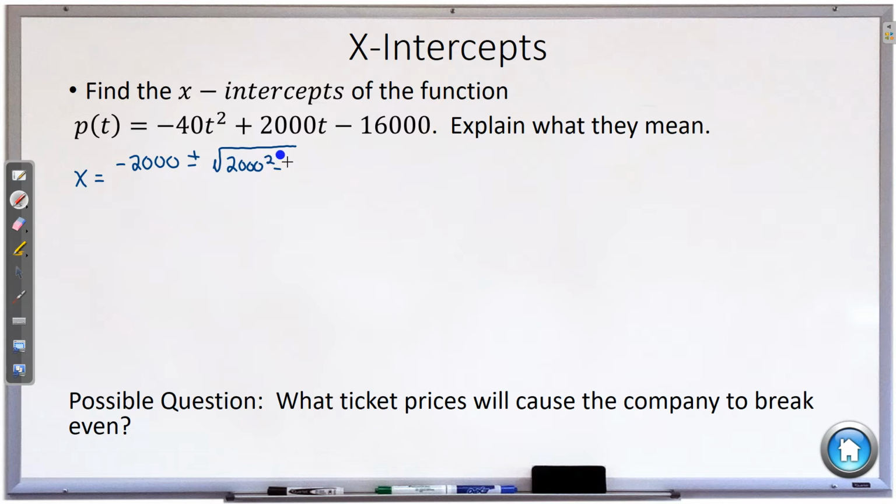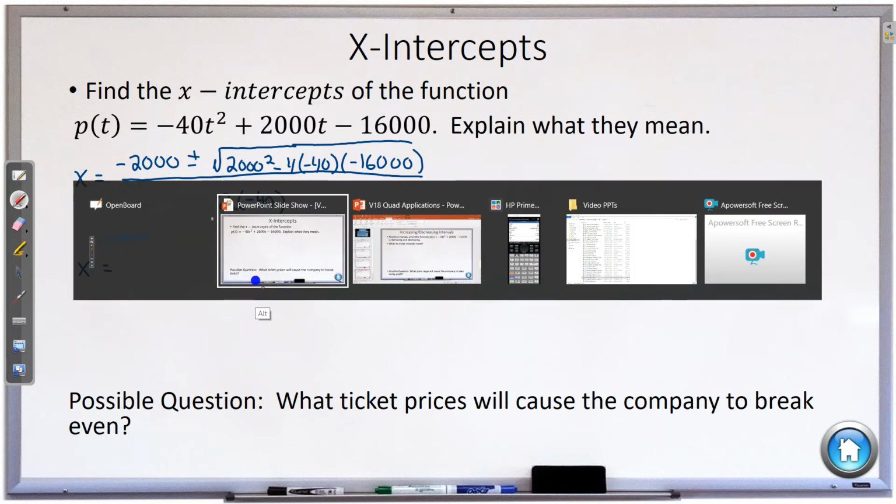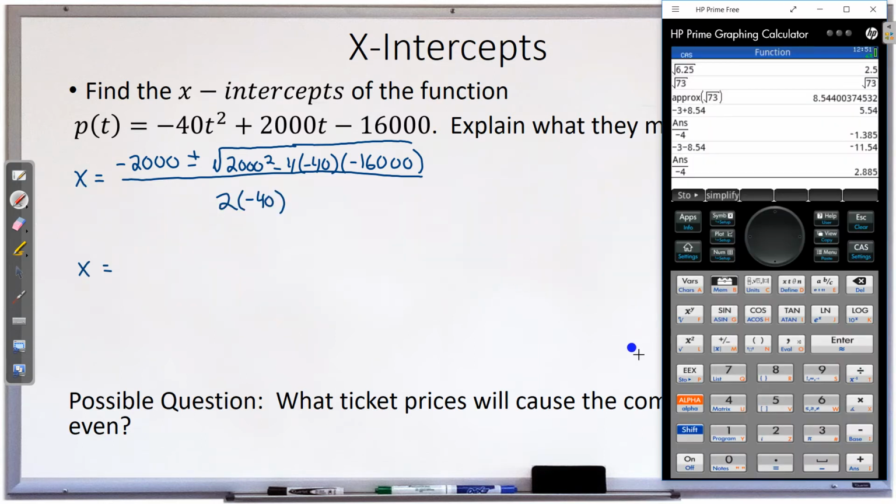It's b squared minus 4 times a times c, all divided by 2a. I would recommend definitely doing this on a calculator. There's a lot of pieces there where you could make a mistake if you try to do it by hand.